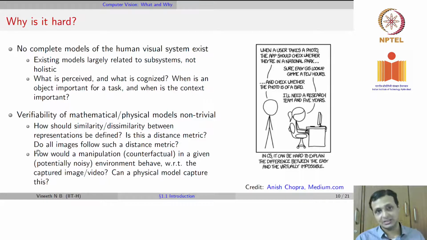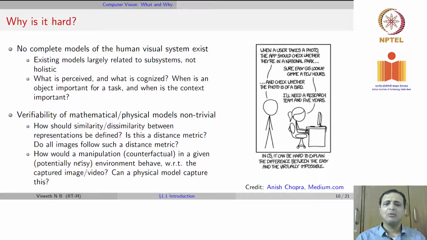Do all images in all settings, RGB images, thermal images, LiDAR images, follow the same distance metric? How do you change these distance metrics between these images? Unfortunately, there's no universal answer. There's no clear verifiability for such. Even if you develop a method, how do you verify it in a very reliable way is also an open question.